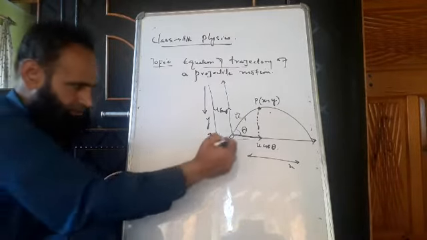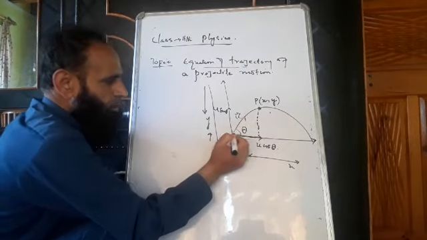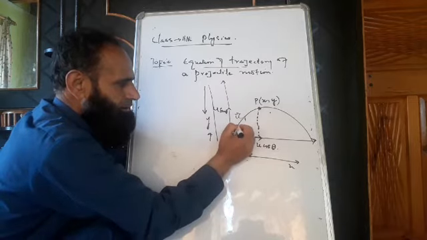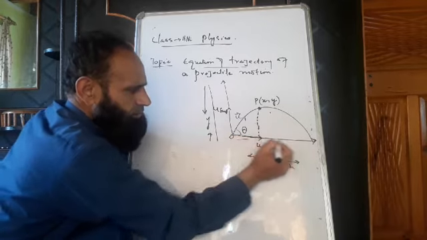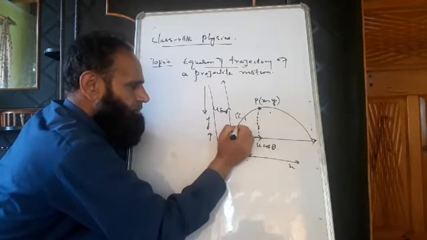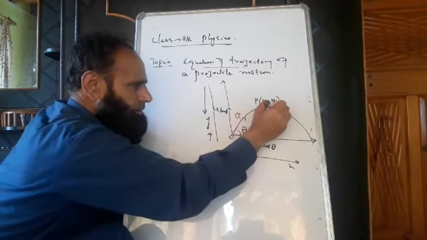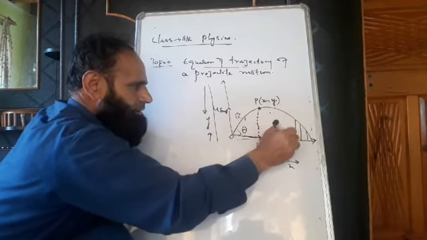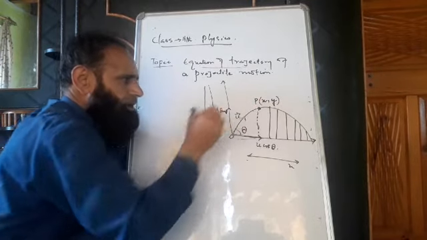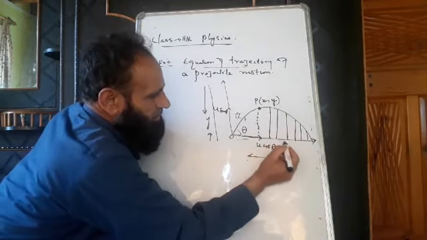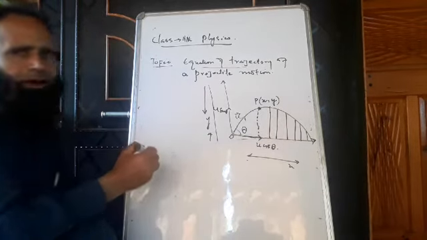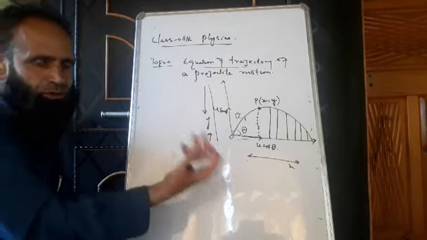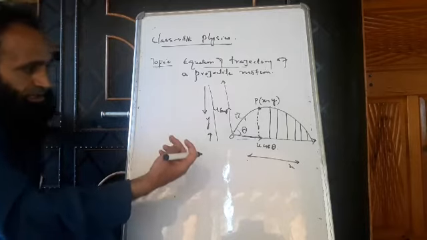Horizontal motion is uniform, but the vertical motion goes up to the maximum height and then decreases. The horizontal components are the same, but the vertical components are not the same. They are changing with respect to time.